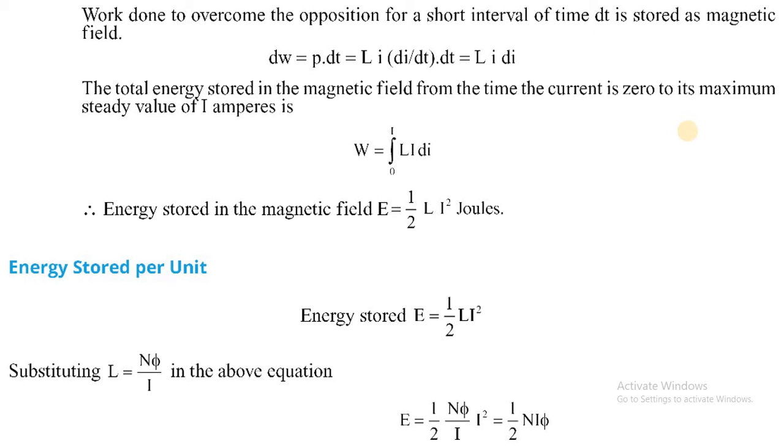Because integration of i will be i square by 2. L is a constant, so L we will take out. Integration of i with respect to di will be i square by 2, and putting the limit, we get i square by 2.